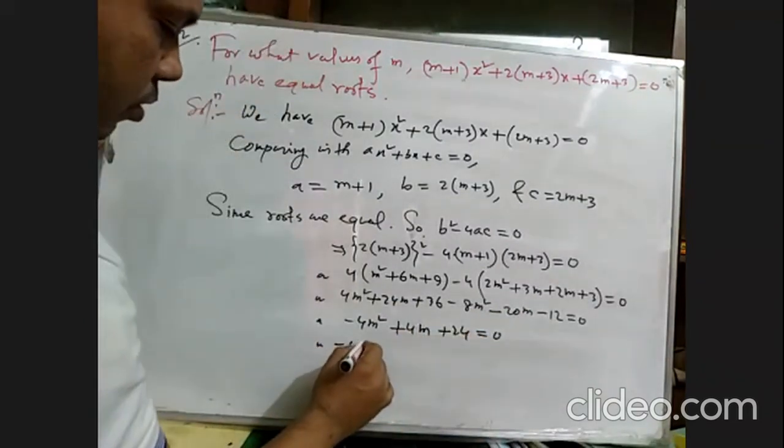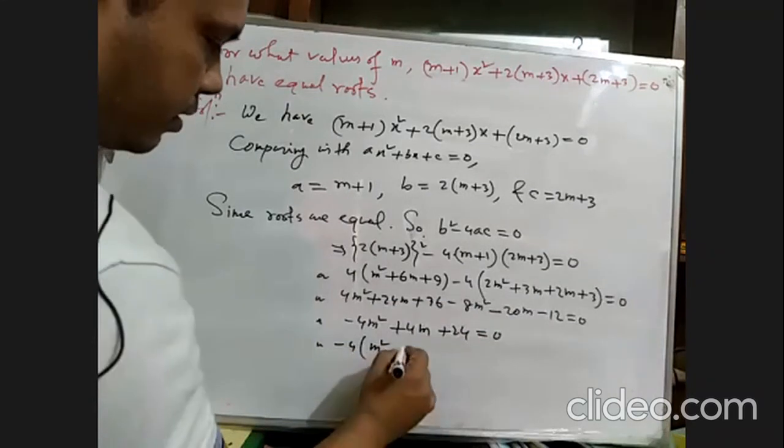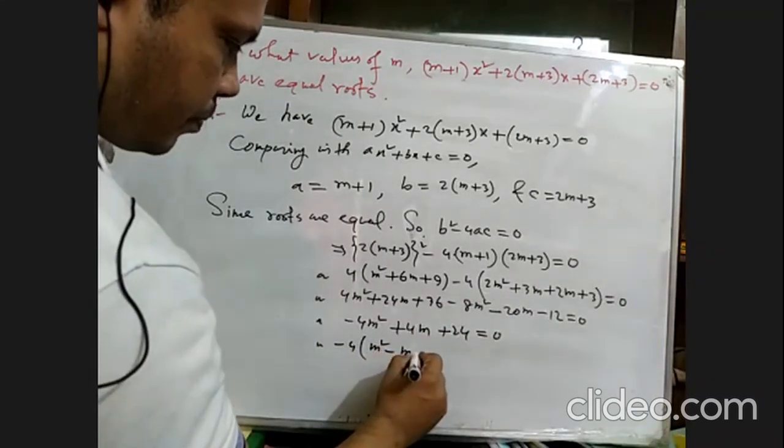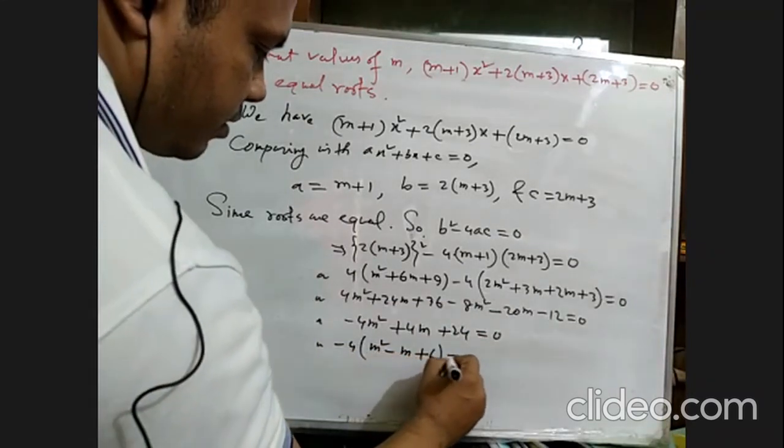Just minus 4 common, m square minus m minus 6 equals to 0.